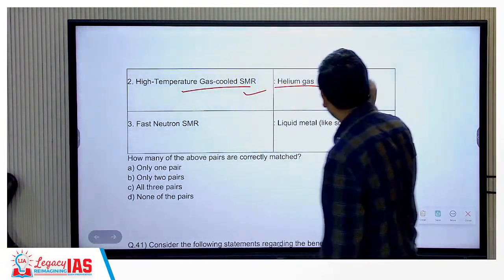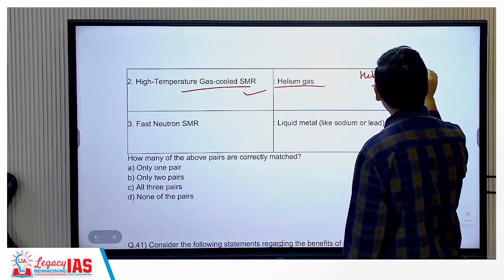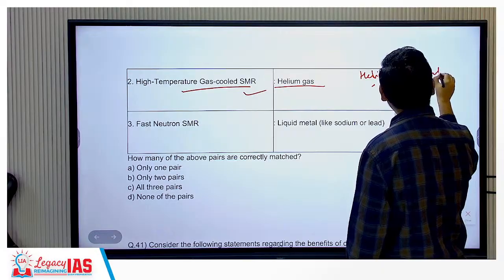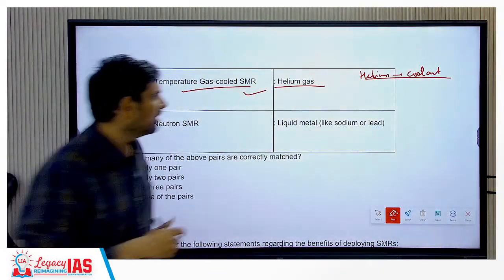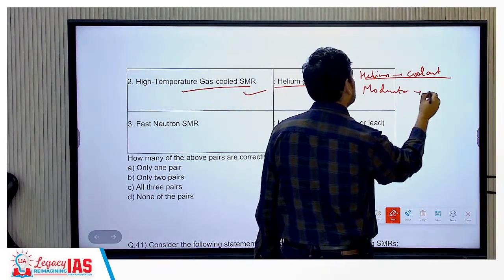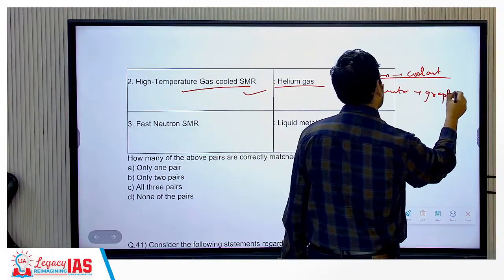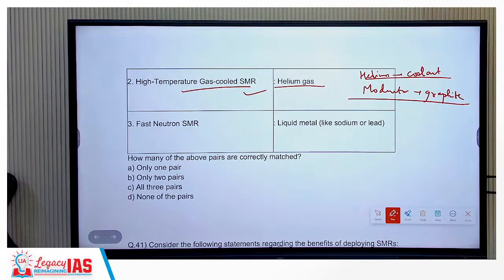Now here what happens? Helium is used as a coolant here. Coolant is anything that can absorb some of the energy, and here the moderator is some other thing. Usually the moderator is graphite. This is another kind of nuclear SMR that we have seen.